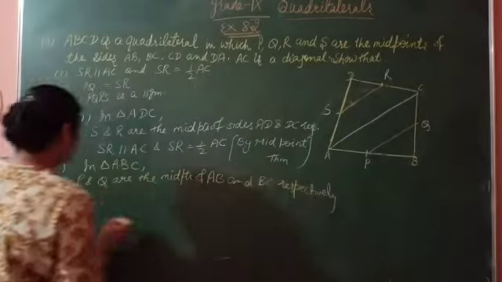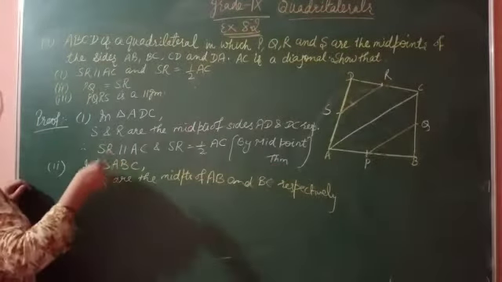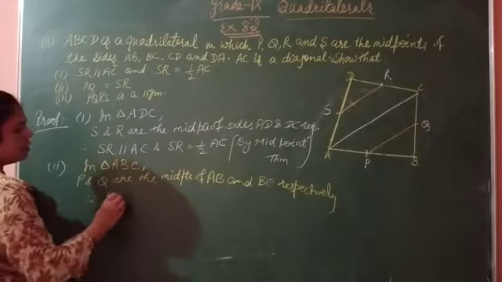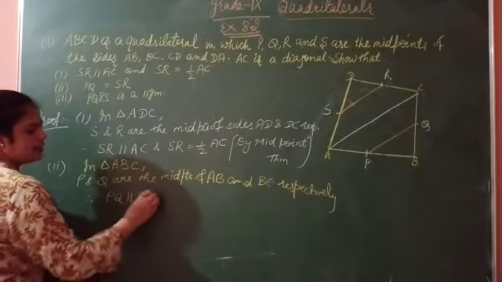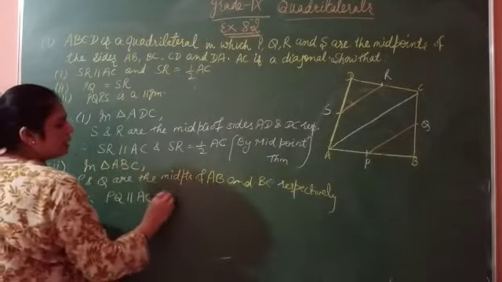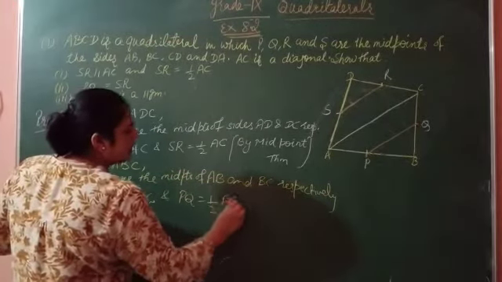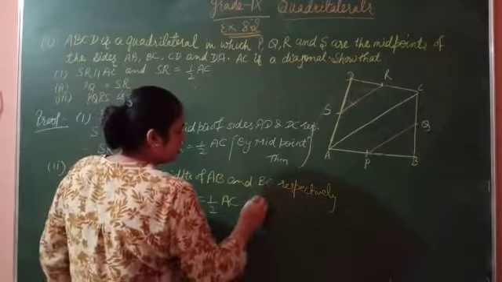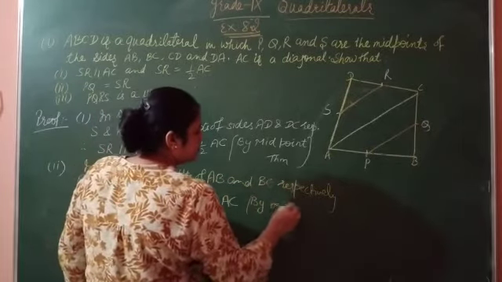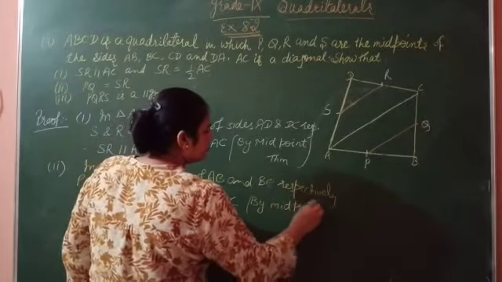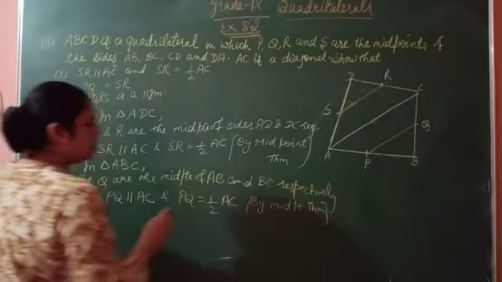So therefore the line joining P and Q, that is PQ, is parallel to the third side AC, and also PQ is equal to half of AC by midpoint theorem. Clear? So this we have proved.